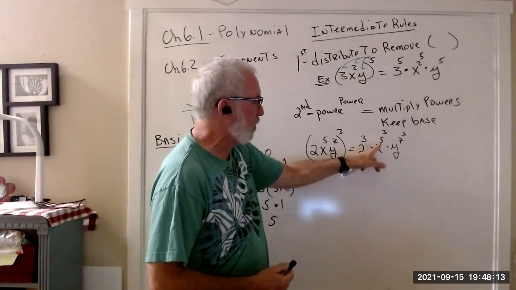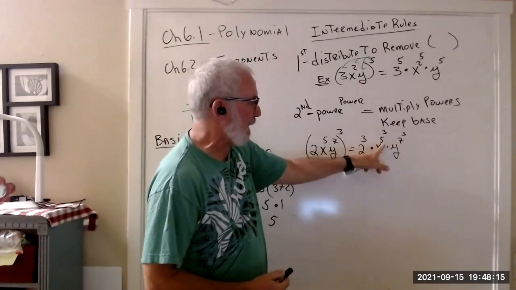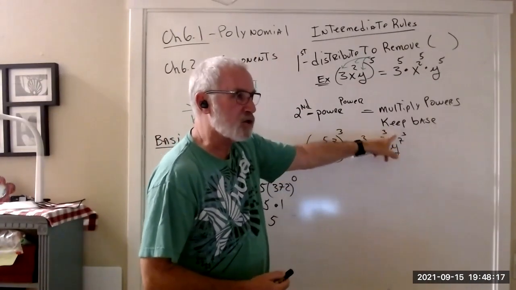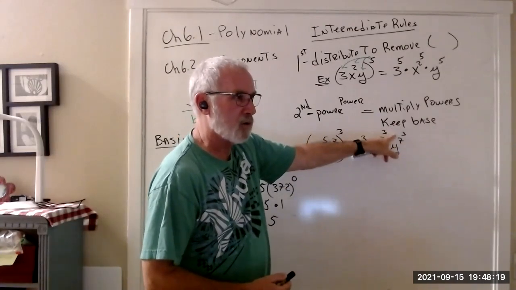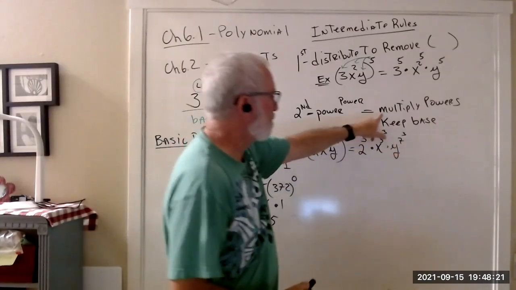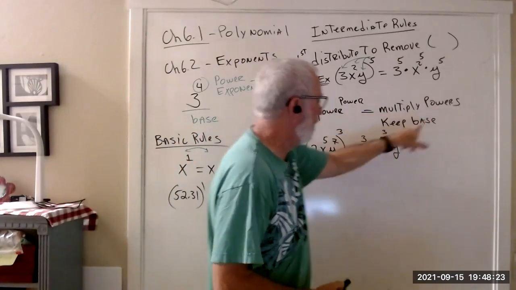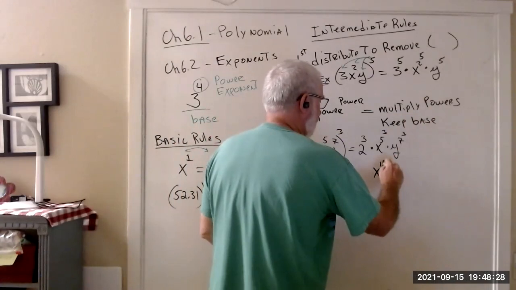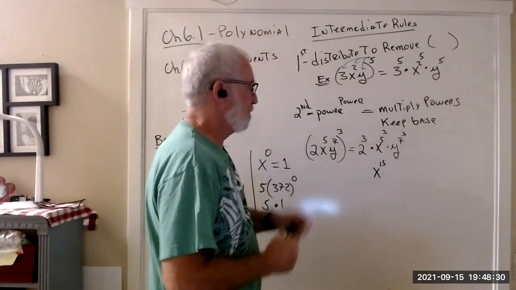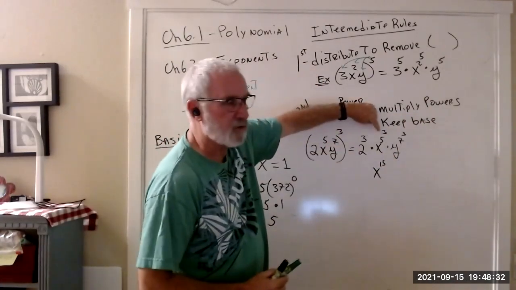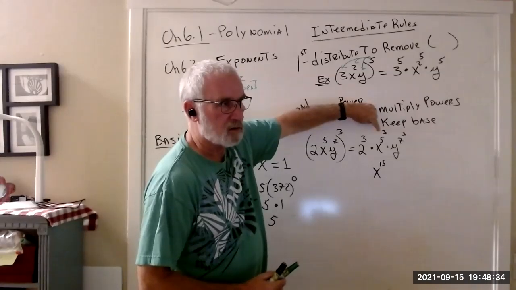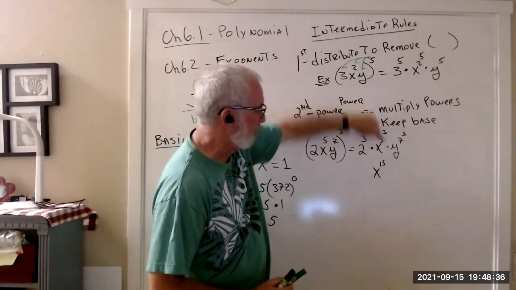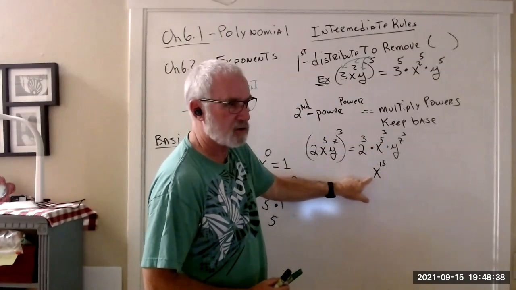The 5th power is being raised to the 3rd power. So the rule says multiply the powers, but keep the base. So this will become x to the 15. 3 times 5 is 15. Multiply the powers, but keep the base.